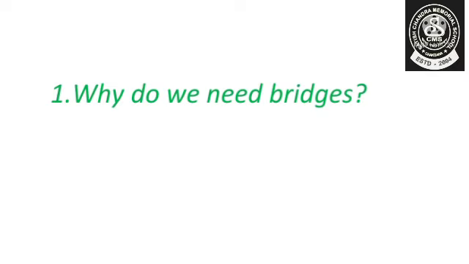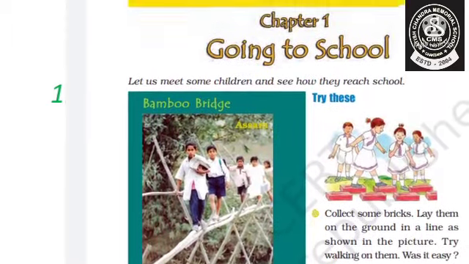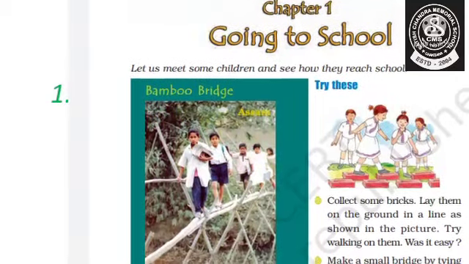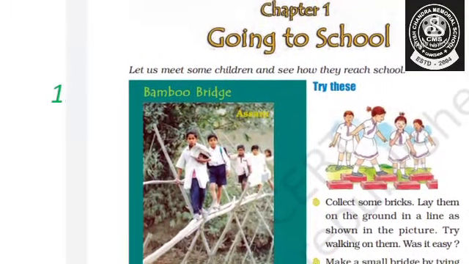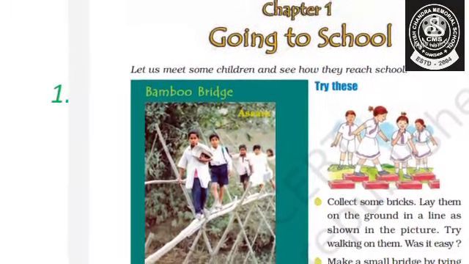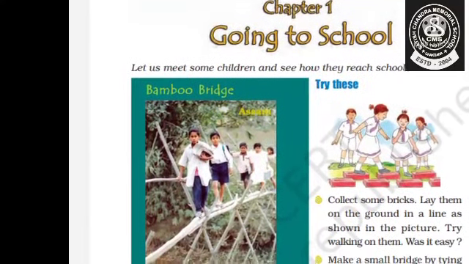In Assam it rains so much and there is knee-high water everywhere, but children in Assam hold their books in one hand and bamboo with the other and reach their school, and very nicely they cross the bamboo and rope bridge to reach school. So first question, I hope everybody understands. Let's move to the next question.